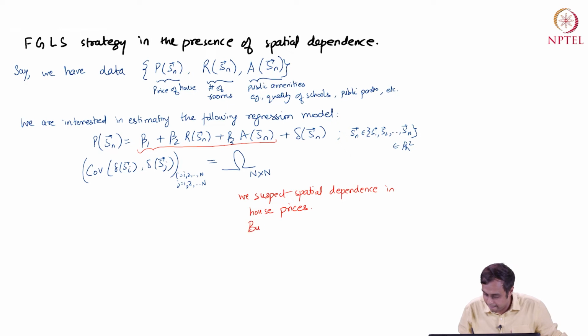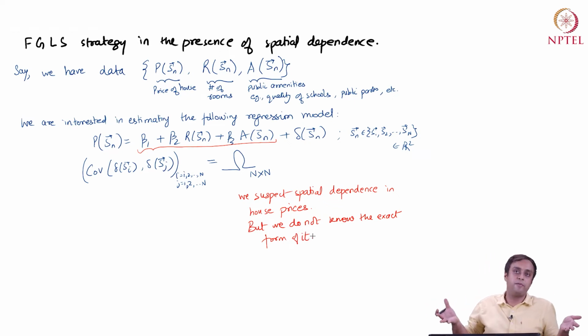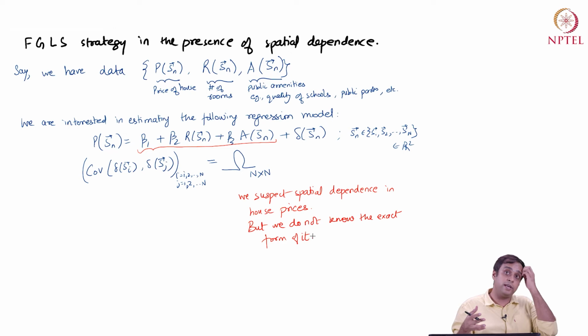But we do not know the exact form of it. We don't even know the approximate form of it. So we must use the data. Because my data exhibits it, I must be able to back it out from the data, right? That is called the FGLS strategy. So we will study this strategy in steps.